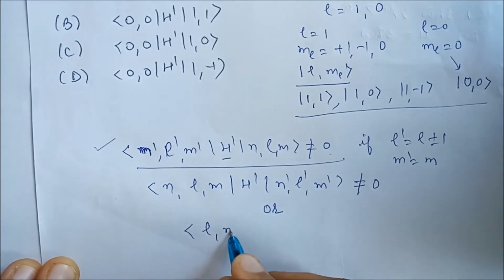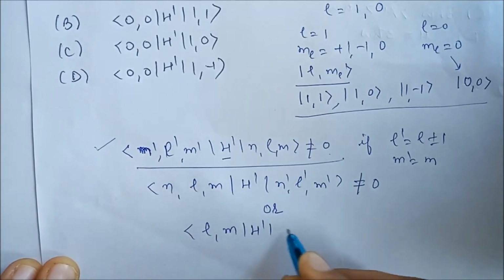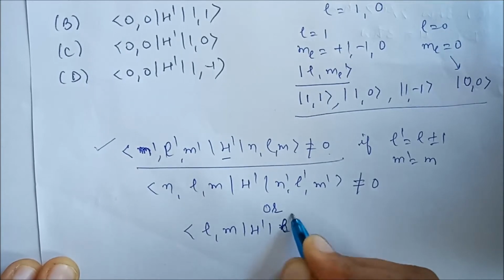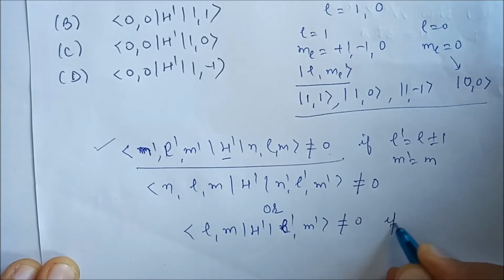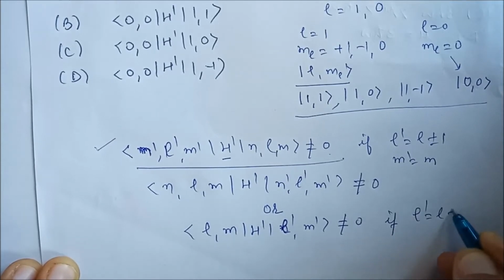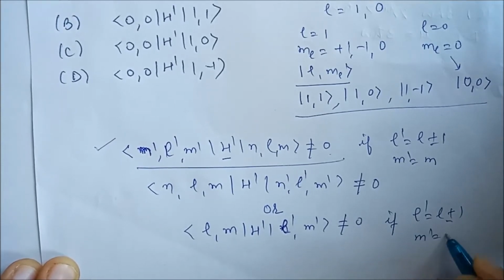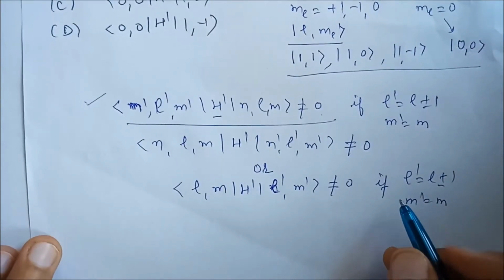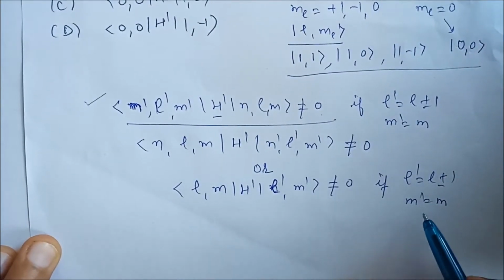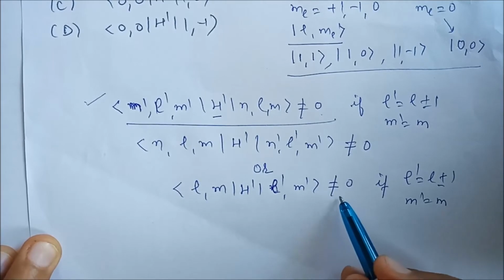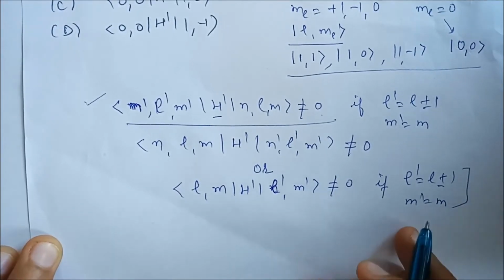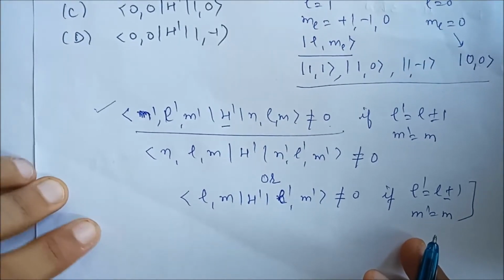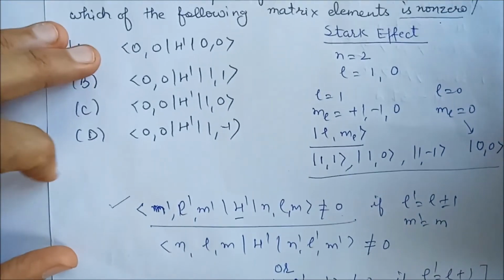We can write <l, m|H dash|l dash, m dash> is not equal to 0 if l dash is equal to l plus minus 1 and m dash is equal to m. So we have only those elements non-zero where these two conditions are satisfied. So now we check all the four given options.